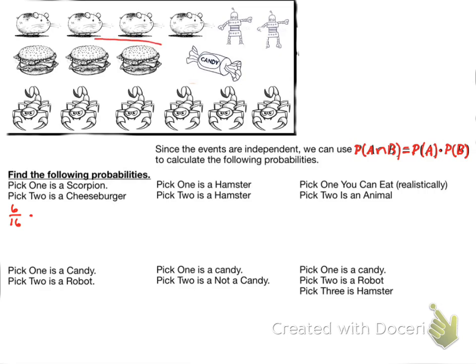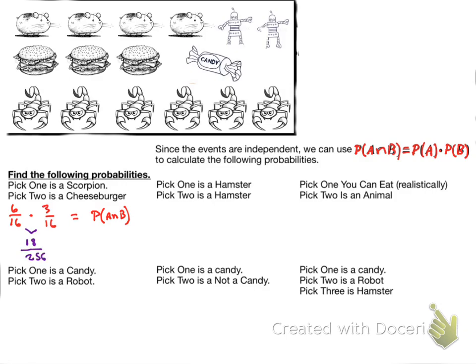So we're looking at cheeseburgers this time. That's 3 out of 16, and that's equal to the probability of A and B. Now we multiply those out. 6 times 3 is 18. 16 times 16 is 256.